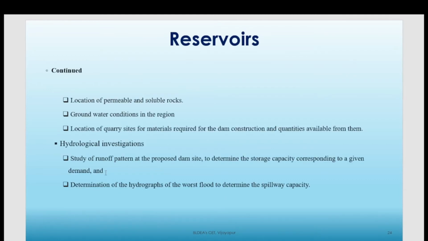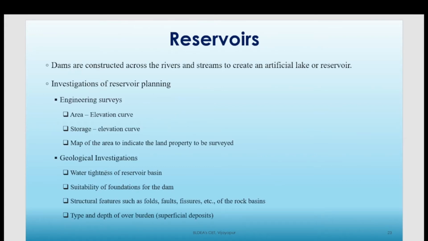Now coming to geological investigation, you might have studied it when you were in the third semester. When studying geology, you might have come across the geological investigations required for the construction of a reservoir. The first thing is how tight your water basin is.